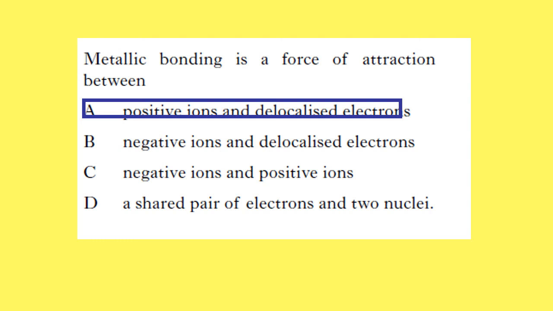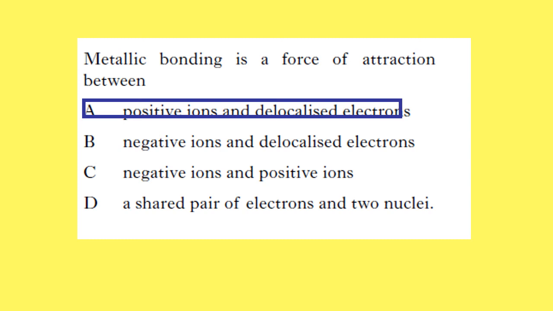We then looked at ionic compounds, and we learned that ionic compounds occur between metallic and non-metallic elements, and that you form ions first, and then the ionic bonding is the attraction that positive and negative ions have for one another.